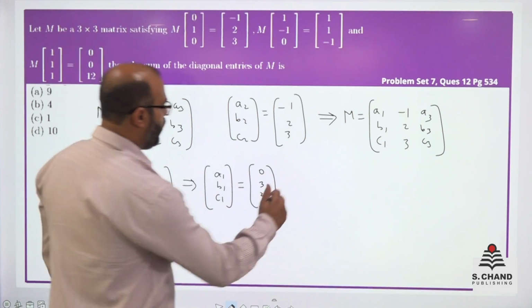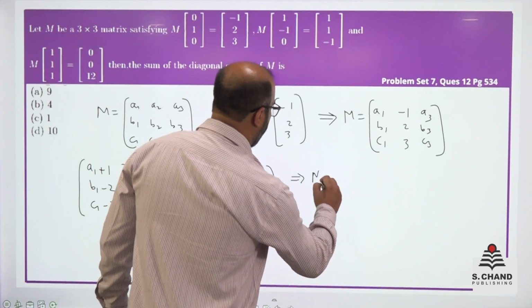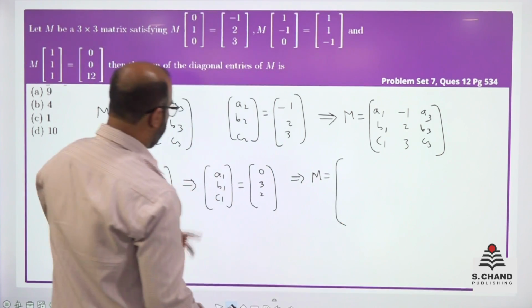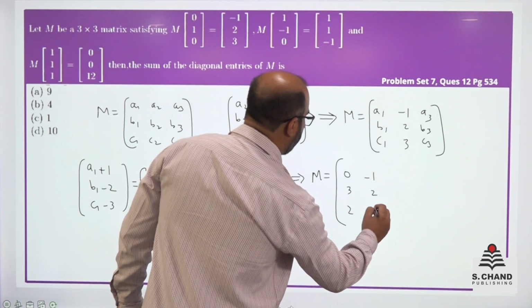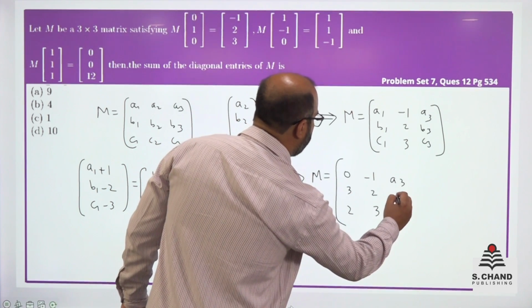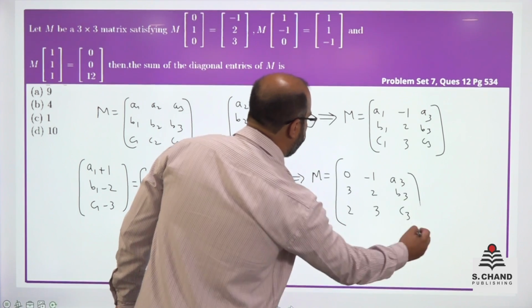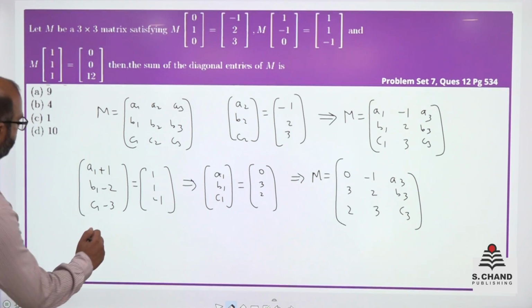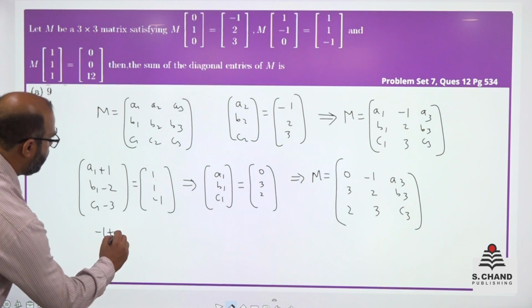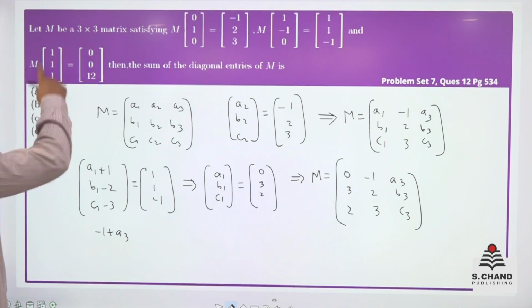So M becomes 0, 3, 2, minus 1, 2, 3, A3, B3, C3. Now let us come to the last one, M into 1, 1, 1. So first row with the first column, 0 minus 1 plus A3, that is minus 1 plus A3.